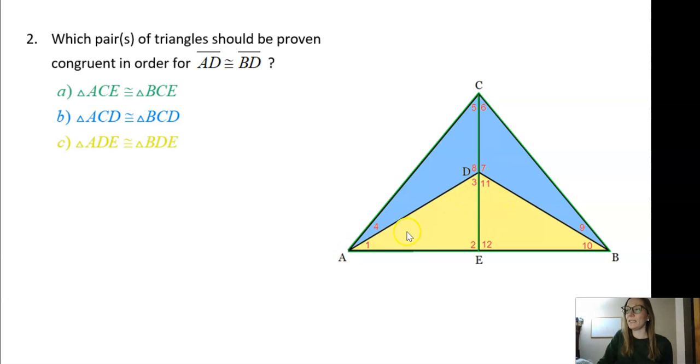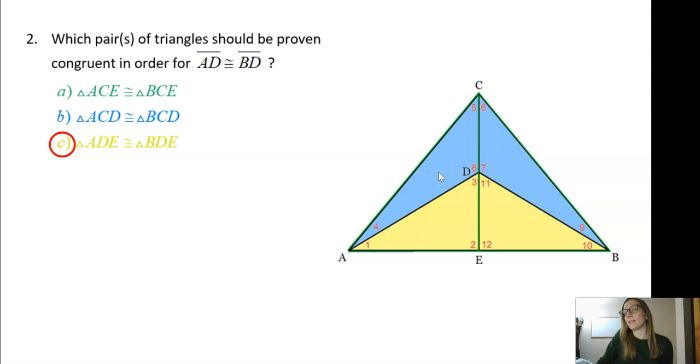AD is part of this yellow triangle and BD is part of this yellow triangle. So if I prove the two yellow triangles congruent, then that would allow me to prove that these segments are congruent, because if this whole triangle is congruent to that whole triangle, then of course the segments of that triangle would be congruent. However, AD is also part of the blue triangle.